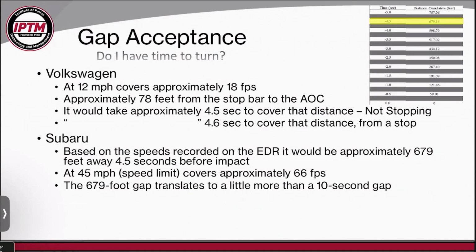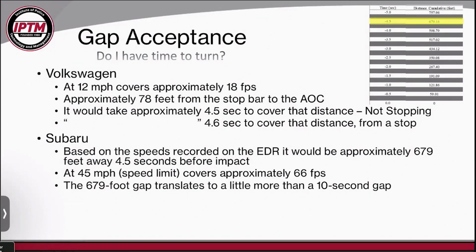Now we take the posted speed limit of 45, and if the Subaru had been traveling at that posted speed, well, then it would have only been covering about 66 feet per second. So now when we say, okay, at 66 feet per second, how much time would it take to cover those 679 feet? We see that it's a little over 10 seconds, right? Because again, your average driver is not looking at time, they're not looking at distance per se.